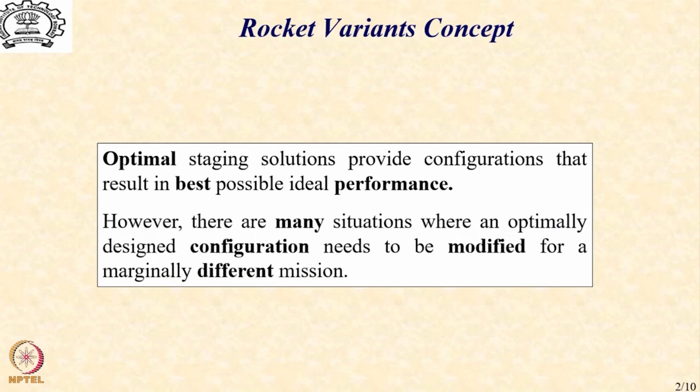And then we find that there are going to be many situations where an optimally designed configuration which is applicable to a specific M star or a pi star or a specific V star needs to be modified for a mission that might require either a marginally different V star or a different M star or pi star.